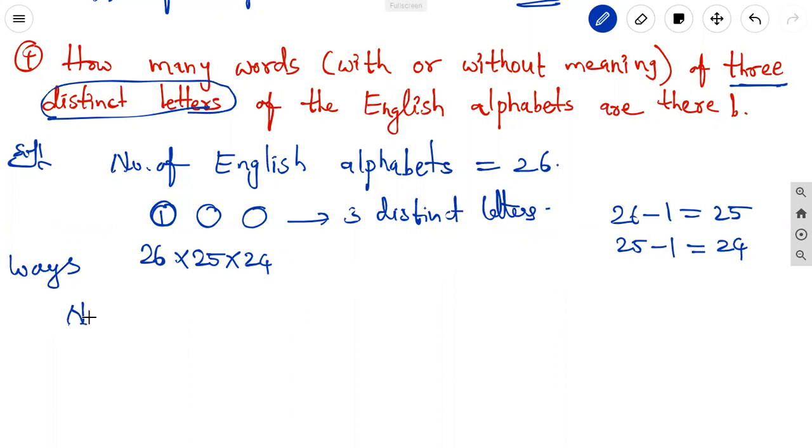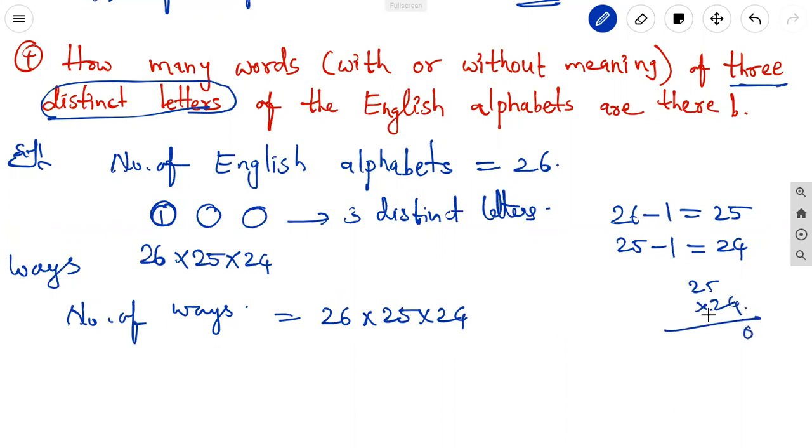So what is the number of ways? The total number of words of 3 letters is equal to 26 into 25 into 24. 25 fours are 100. 25 twos are 50, plus 10, 60.